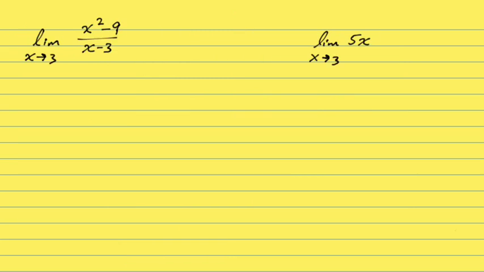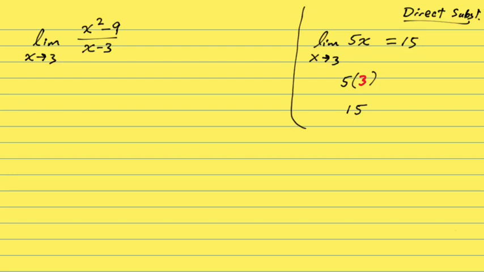I wrote two limits here. The one on the right, I believe I can just simply replace the x with a 3. And when I do that, this limit equals 15. That's called direct substitution. If you can do direct substitution, do it. That's the easiest way to evaluate a limit.